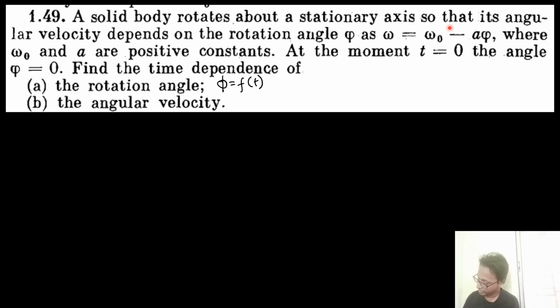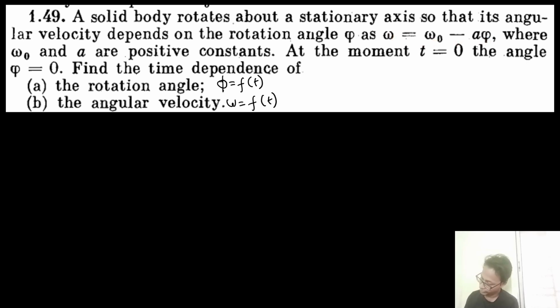So in this equation, is there any parameter of time? Can I express this with respect to time? No. So the question is saying find phi with respect to time and angular velocity with respect to time. Out here there is a relation between angular velocity and angular displacement, and they have asked for the relation between angular displacement and time, and angular velocity and time.